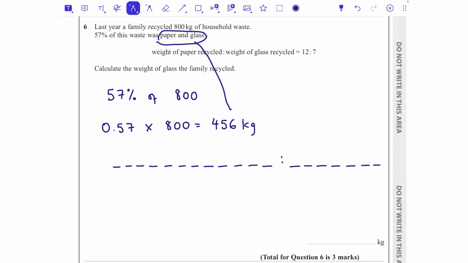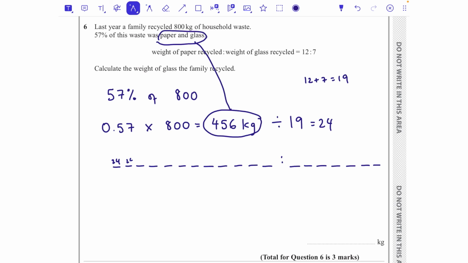All together, I'm going to take that 456 and divide it. How many piles have I got there all together? It's 19. So 12 add 7, I've got 19 little piles. So 456 divided by 19 tells me that I've got 24 on each of those little lines.